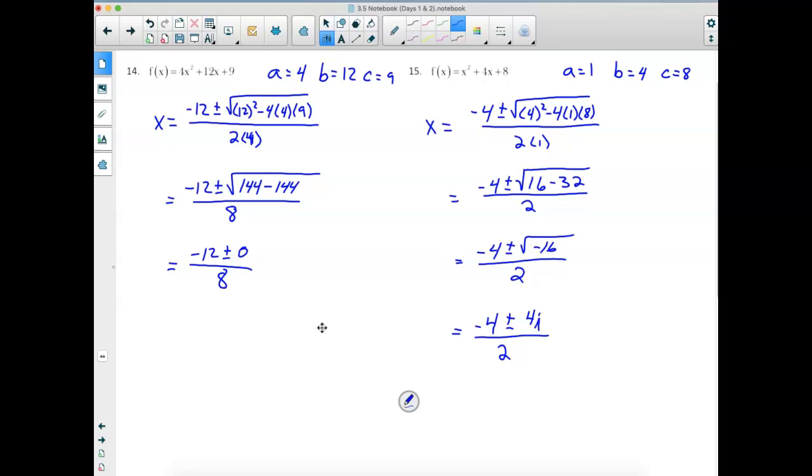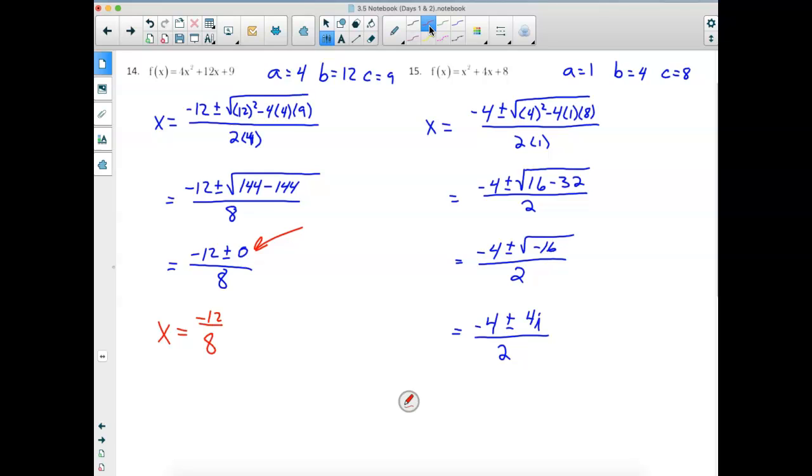Well, if the square root goes away, I need to know precisely what the answers are. And I also want you to know, if the square root goes away, even to a number, it would have factored if it's a real number, okay? What are you talking about? Well, this is going to be x equals negative 12 plus 0, which is 0, divided by 8.